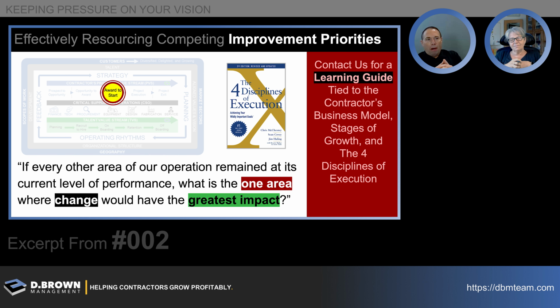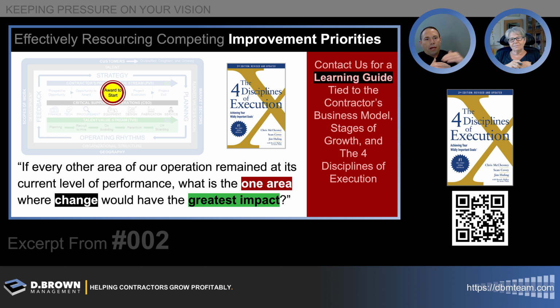Email us, and we'll have some contact information at the end. But we have a learning guide tied to this book, The 4 Disciplines of Execution. It's based on a lot of management principles going back to the 50s of management by objectives and key results. It's been called a lot of different things over time, but it's really about how you prioritize.